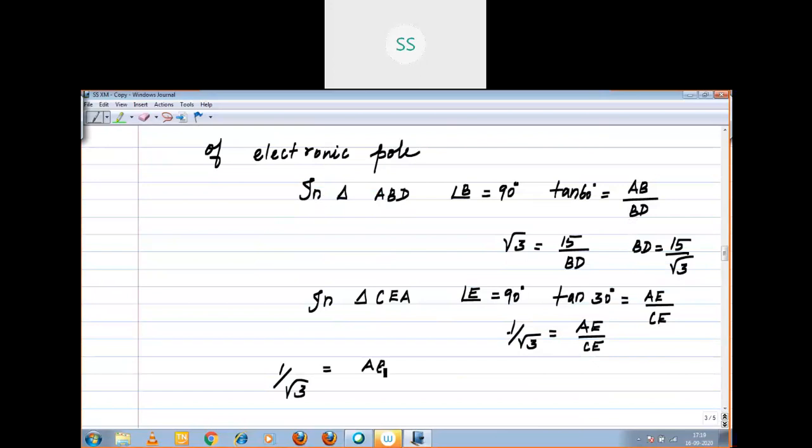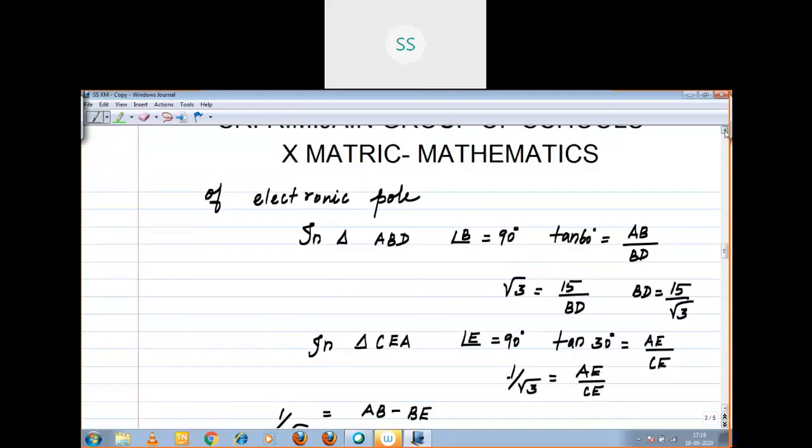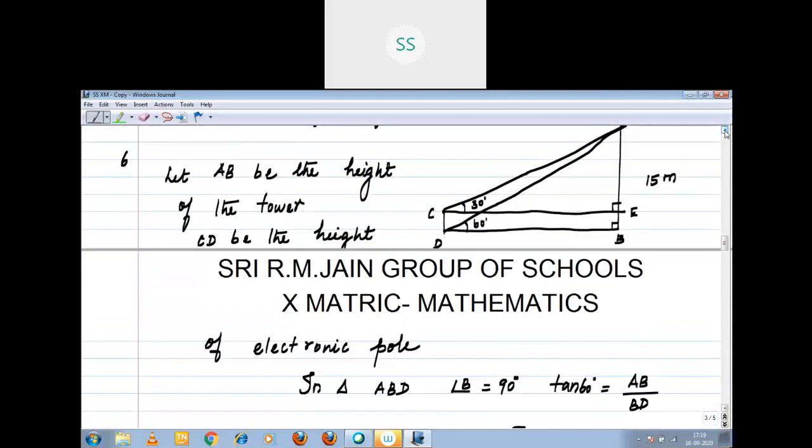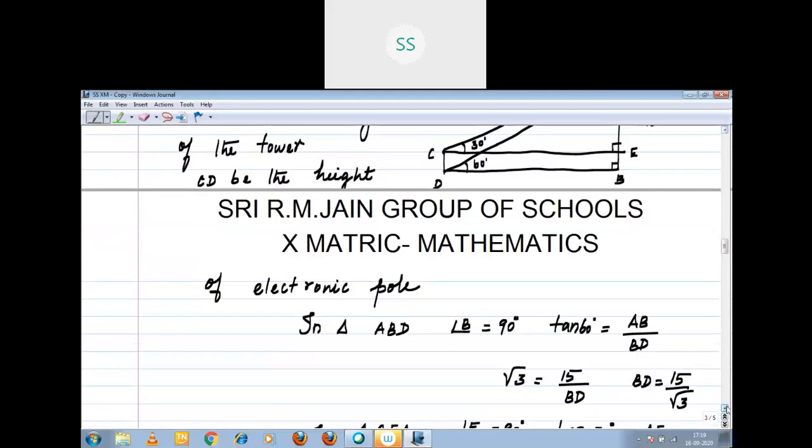Tan 30 degree equal to 1 by root 3, AE by CE. What is your AE? How can you express it? AE is AB minus BE. You have to see the diagram, then only it is easy for you.